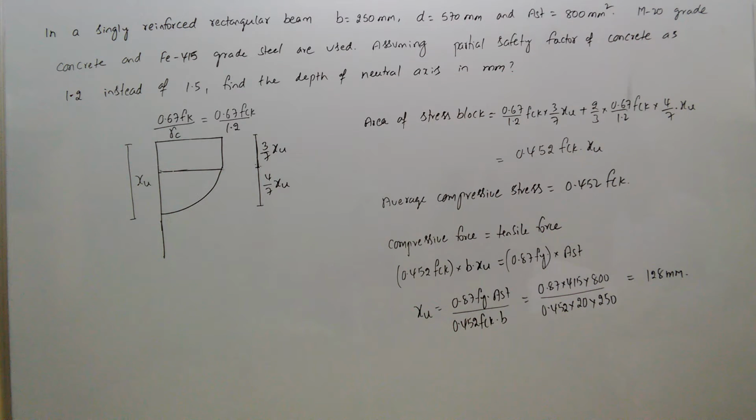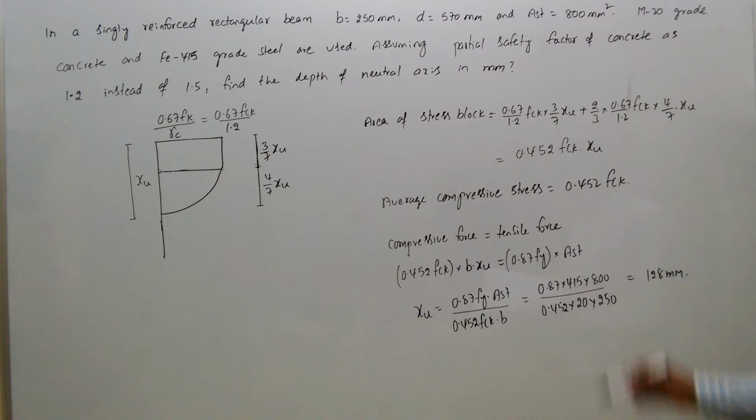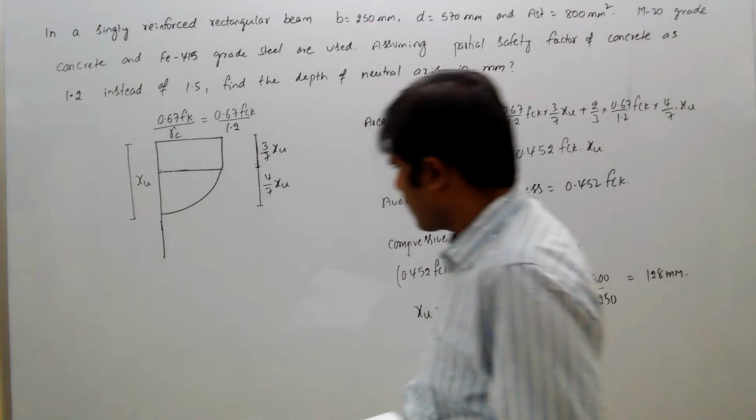See now this 0.45 is the crucial factor here. Average stress is 0.45 FCK. See this 0.452 can be achieved like this.